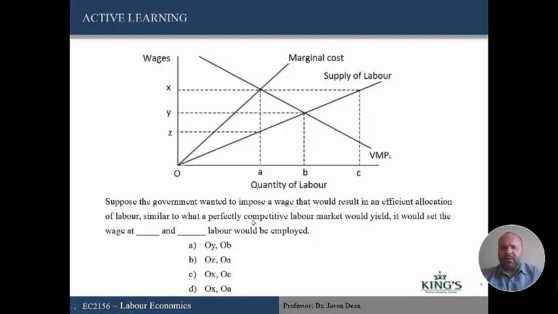Well, the government would want to set the wage at Y so that B number of labor units would be employed, because that would be the competitive equilibrium. This would be an efficient allocation. You would have the maximum surplus. So the answer would be OY, OB.